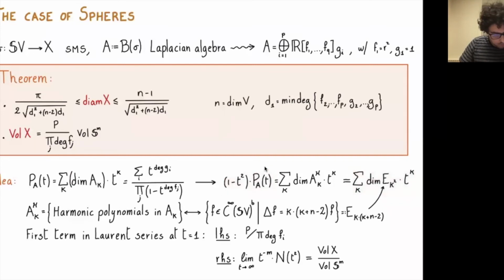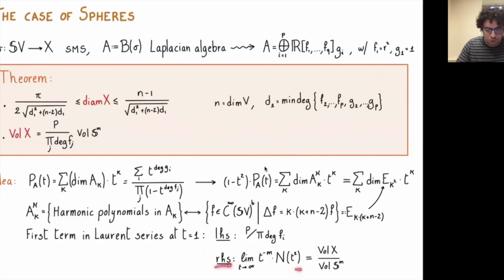And this is what I'm saying here. We look at the first term in the Laurent series of these two series, and on the left-hand side you have an explicit thing. You can really compute it, and it's no problem. There is a factor of 2 I forgot here, but it doesn't really matter.